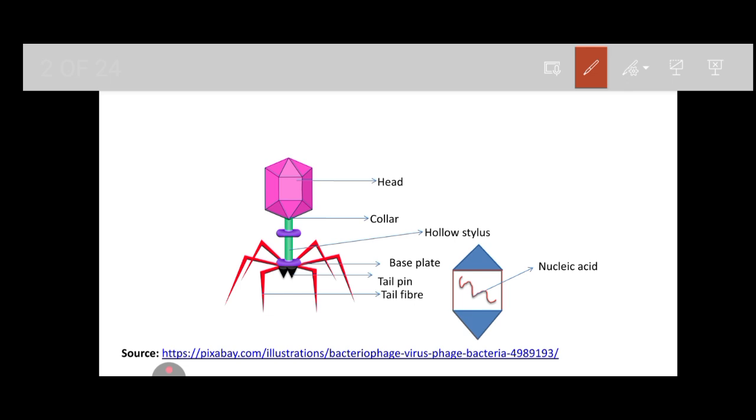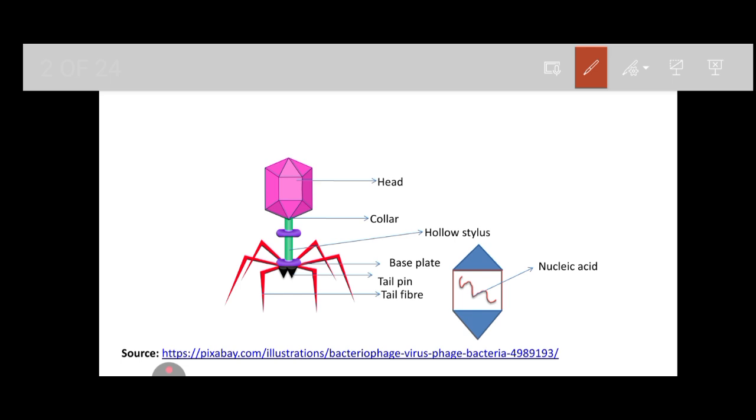So, what would be the name for a virus if it feeds on animal cells? Oh, very good. Nice to hear the answer, and the answer is zoophages, right. So, here we are going to see about viruses that feed on bacteria. So, they are called bacteriophages, right. One such example is given here.